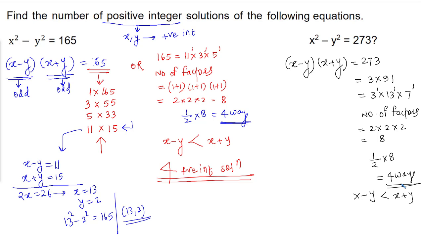So we cannot reverse, we cannot write a into b as b into a. Now the sum of two positive integers is always positive, so we cannot write a into b as minus a into minus b. So every way out of these 4 ways will give us only one solution. So over here total how many solutions are there? Total 4 solutions are there. Likewise we can solve this.